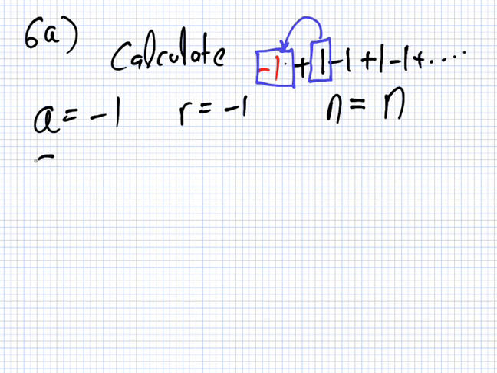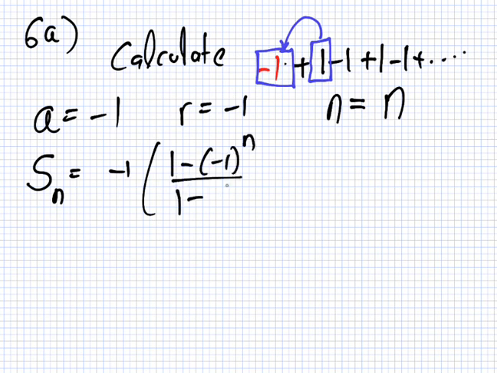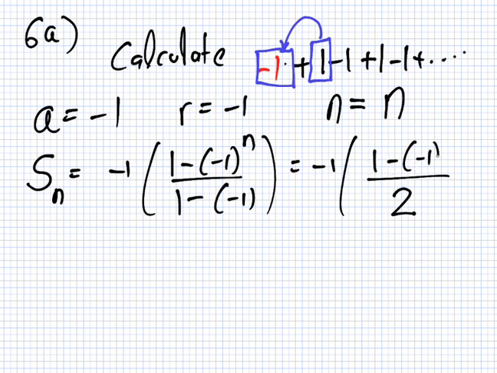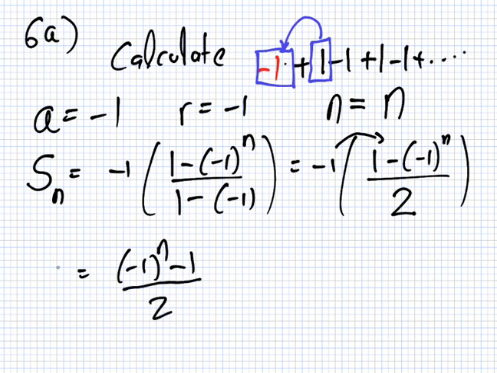So here the sum of the first N terms is A(1 minus OR power N) over 1 minus OR. So that would be 2 here, (1 minus (-1) power n), and I can bring the -1 inside, so I'll get ((-1) power n minus 1) over 2 as the answer.